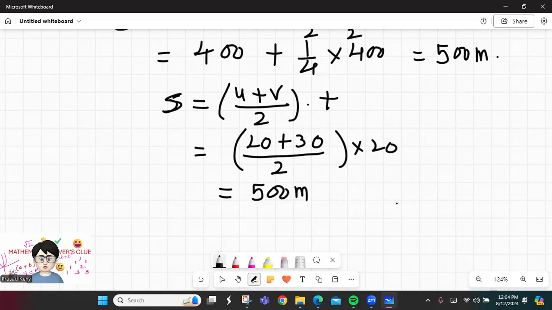So, sir, here there is no need of finding the acceleration directly. By knowing the initial velocity, final velocity, and time, using the average velocity into time formula, we can do this.